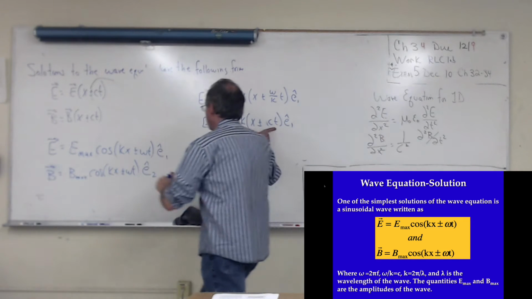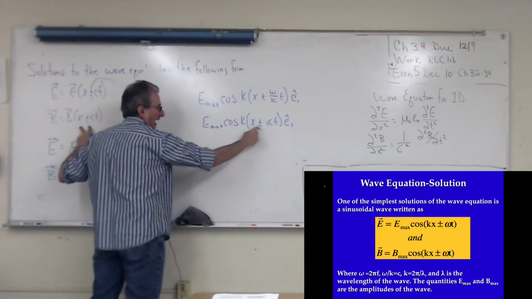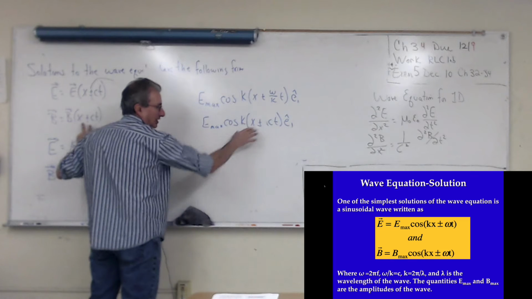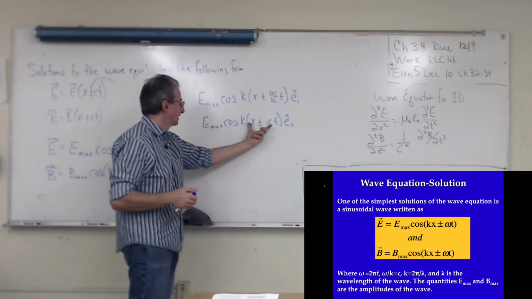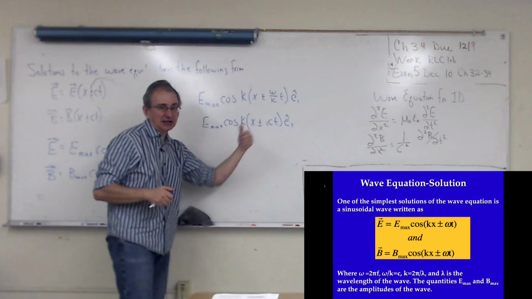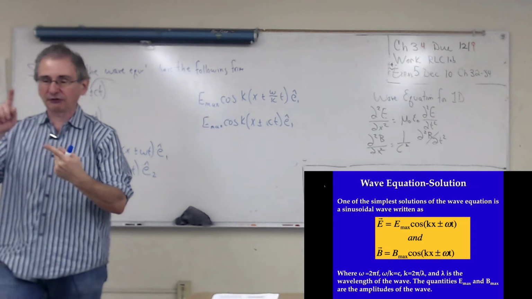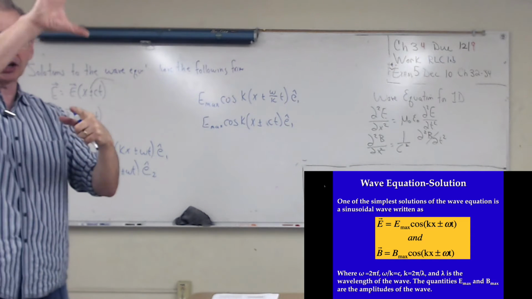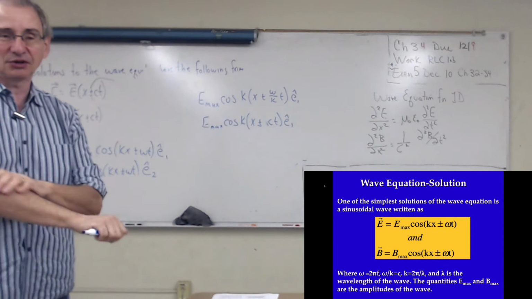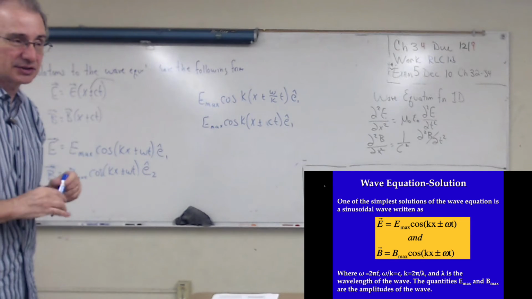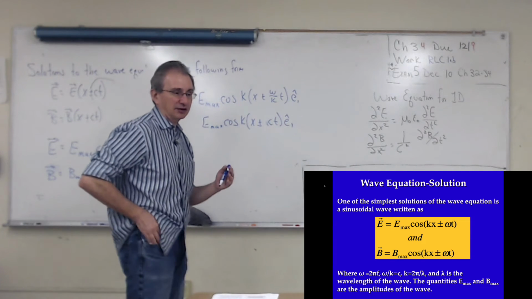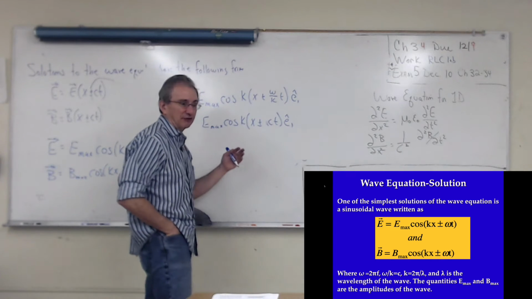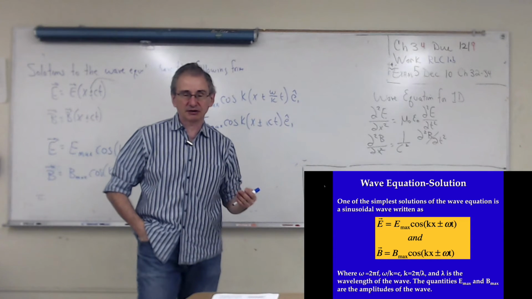So I still had that form here. This has to be in here because this whole thing has to be dimensionless. When you solve the equation for this case, you'll find that this argument has to be dimensionless. Anytime you're dealing with a trig function or an exponential function, the argument, whatever you're raising it to, has to be dimensionless. You can prove that to yourself by taking the cosine function and expanding it in a power series.